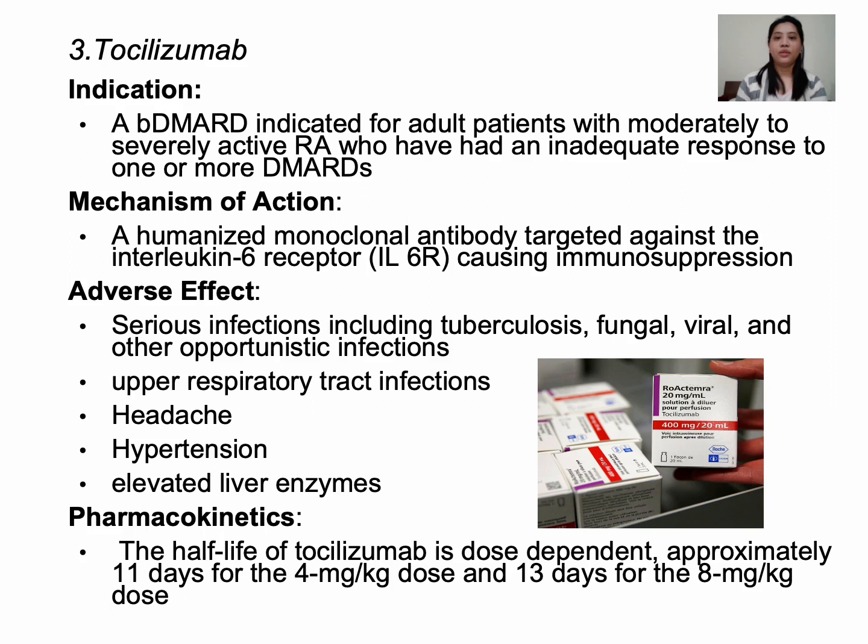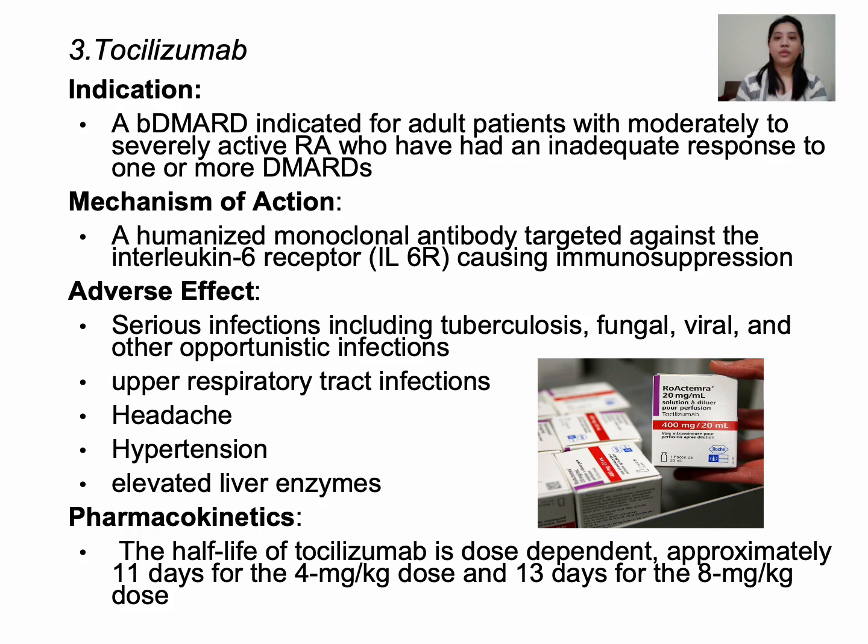Number 3 will be tocilizumab. It is indicated for adult patients with moderate to severely active RA who have had an inadequate response to one or more DMARDs. Its mechanism of action: it is a humanized monoclonal antibody targeted against interleukin-6, causing immunosuppression.